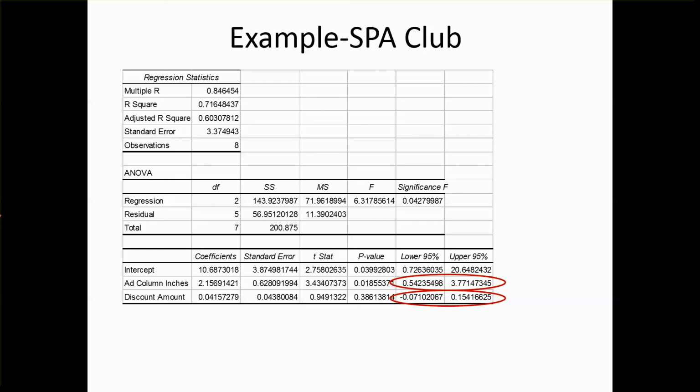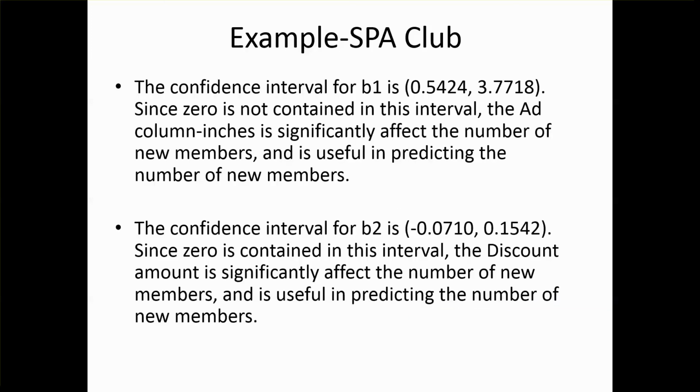However, if we look at the discount amount, the confidence interval for the partial coefficient related to the discount amount is between negative 0.071 and positive 0.1541. Obviously, in this interval, 0 is included, and we can conclude that the discount amount does not significantly affect our number of new customers for this club. And you know what?